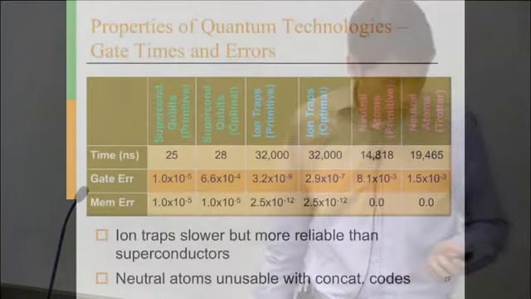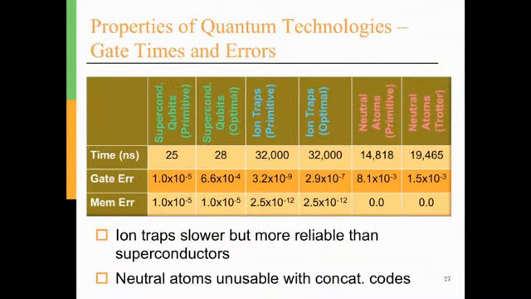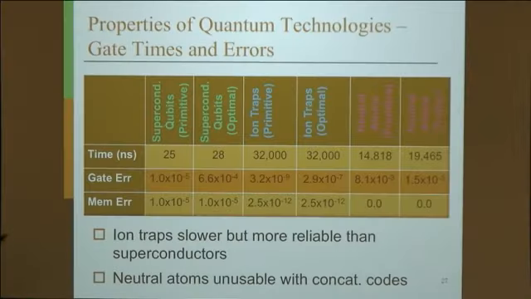So here is an overview of the numbers that feed into my resource estimation tool. I just selected some of the technologies: superconducting qubits, ion traps, and neutral atoms. And I'm showing the average gate time for the average operation.